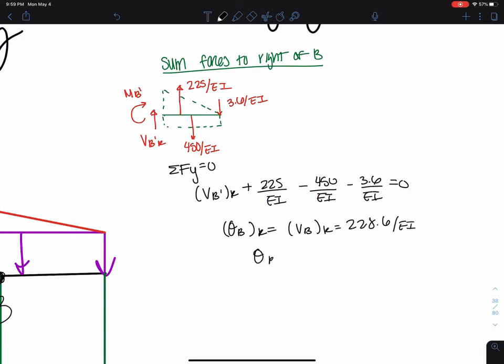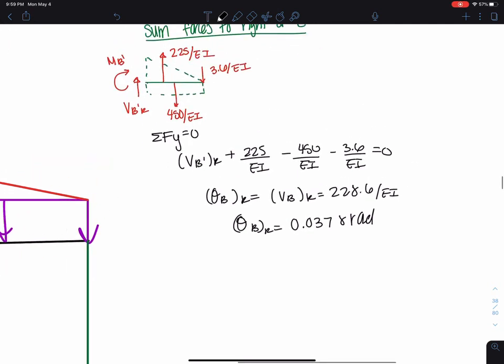And I can get theta is equal to, okay. Now what we want to do is we want to figure out this is the rotation. So we need to figure out now the displacements for each side. So let's continue with the other side.